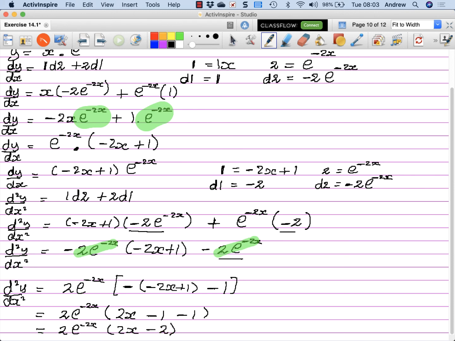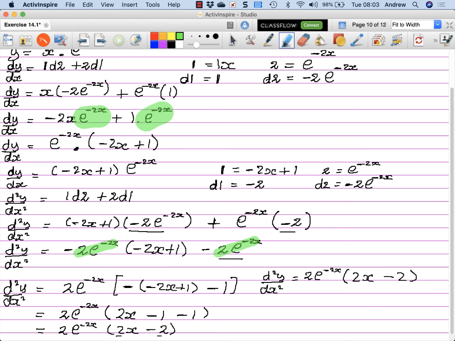And I think I can factorize out the 2. So I'm just going to do this here. So we're going to rewrite this. We've got d2y by dx squared is equal to 2e to the minus 2x on 2x minus 2.